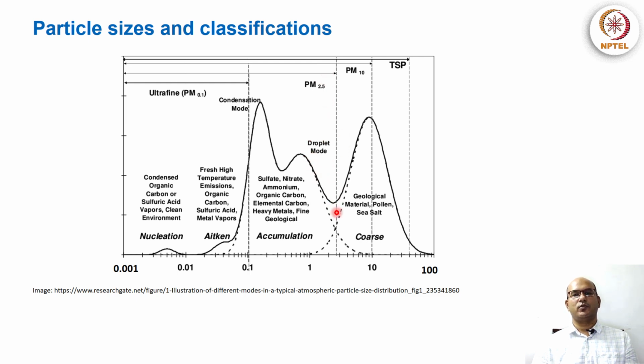Then as we go more and more, we are into coarse mode, and these are our geological material, pollen, sea salt, dust based aerosols, as we looked at a few minutes ago. So these are our coarse mode, and here we also have total suspended particles and PM10.